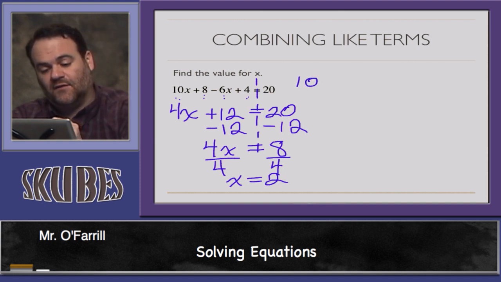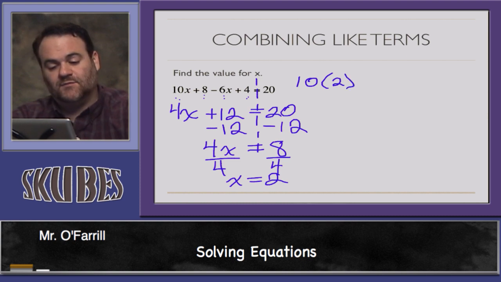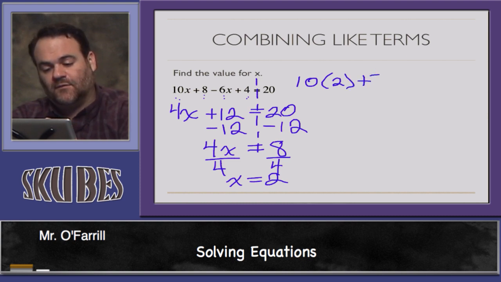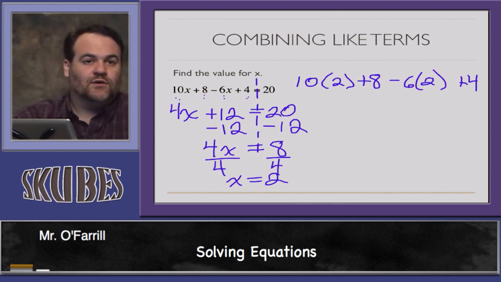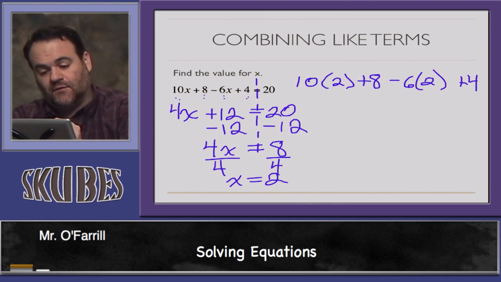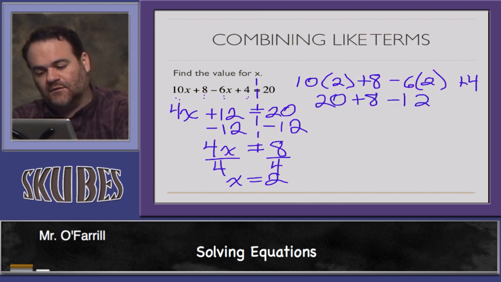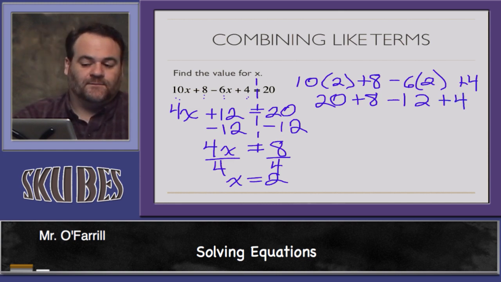So we're saying that 10 times 2 plus 8 minus 6 times 2 plus 4 should give us 20. That means we have 20 plus 8 minus 12 plus 4 should give us 20.